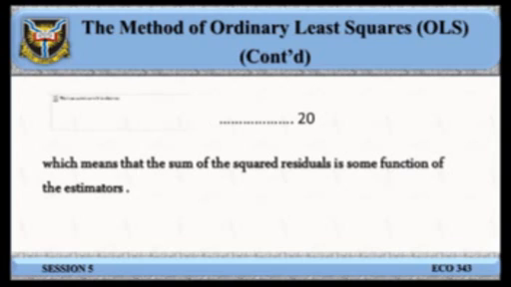Thus, different values for beta 1 and beta 2 will lead to different values for ui estimator and hence different values of summation ui estimator squared.